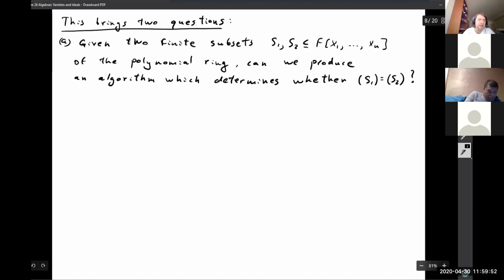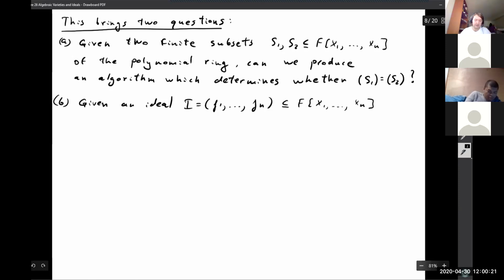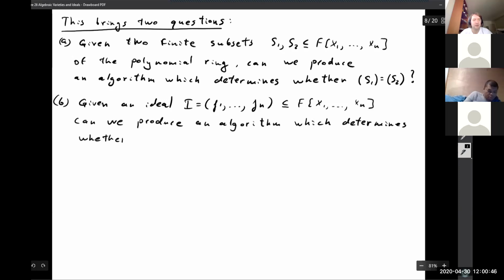And finally, B: given an ideal I generated by f1 to fn in F[x1,...,xn], can we produce an algorithm which determines whether a given polynomial g is in this ideal?